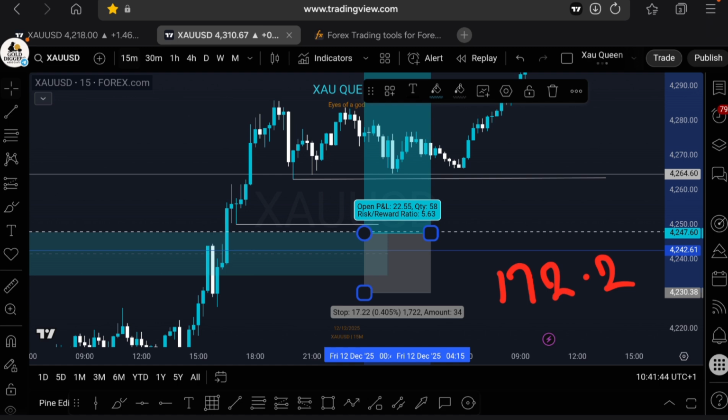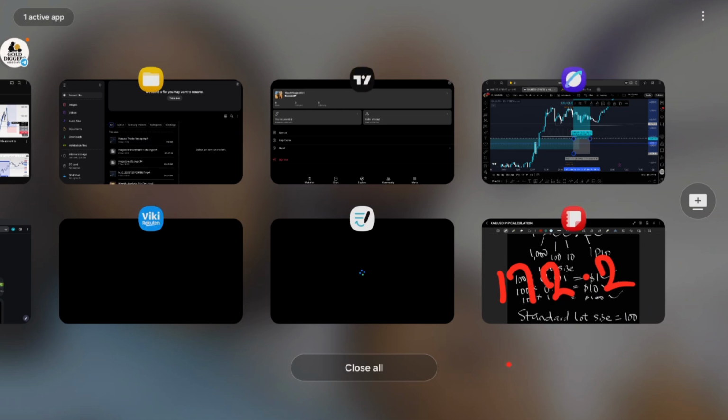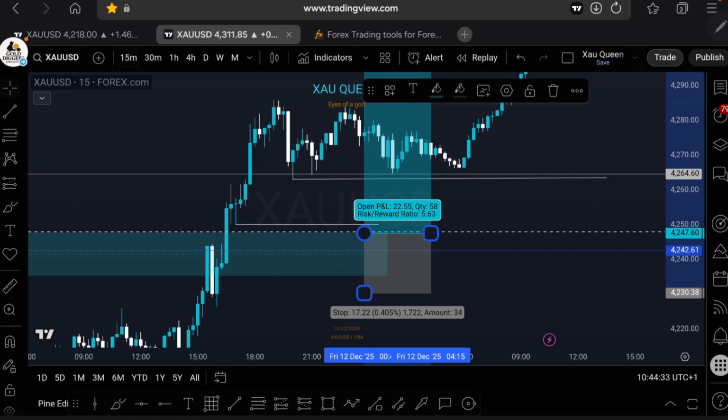And now the easiest way I use to calculate my lot size, what lot size do I want to use? First of all, let me get my calculator. If we want to calculate our lot size here, we use this guy right here, which is 1722.